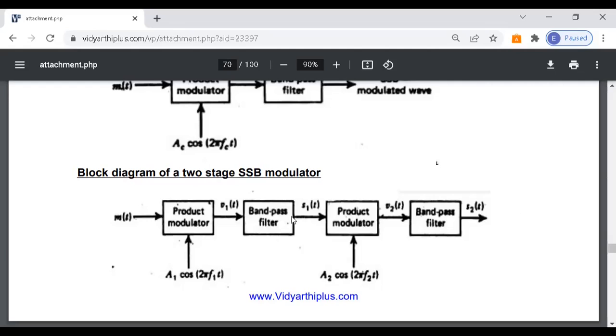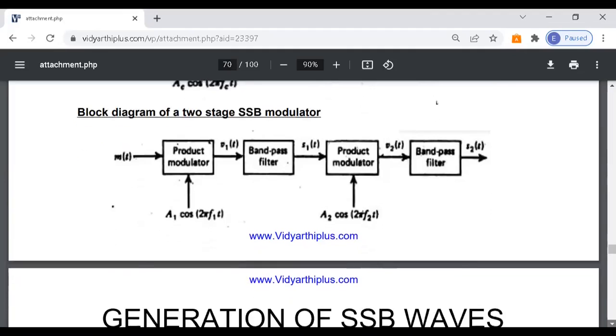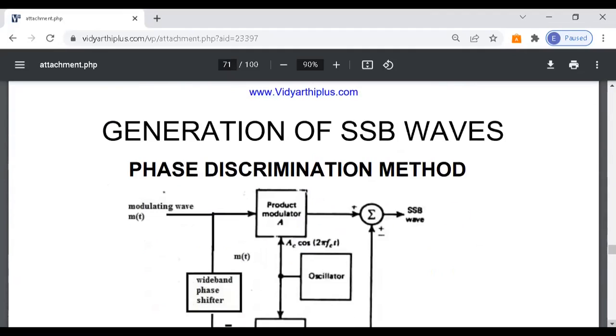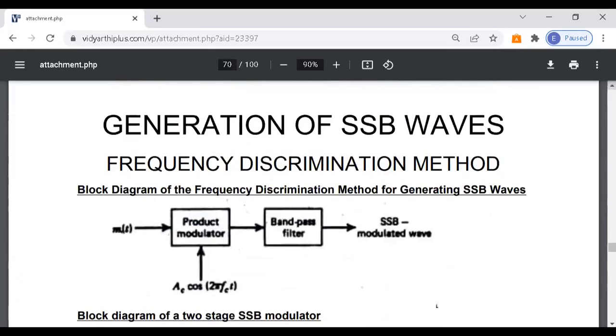You just connect up these, and you'll get your signal straight from Ukraine. You with me? Yeah. So this one up here, we call the frequency discrimination method.